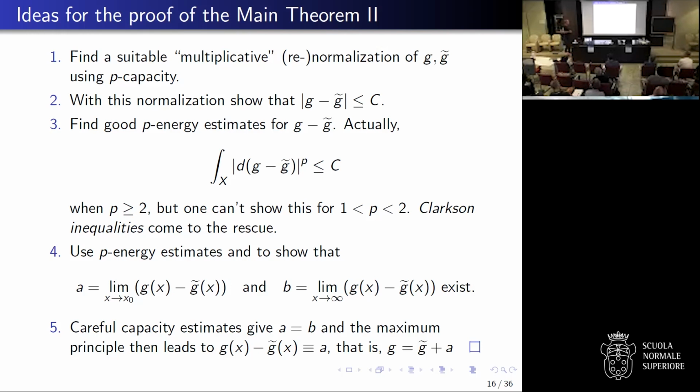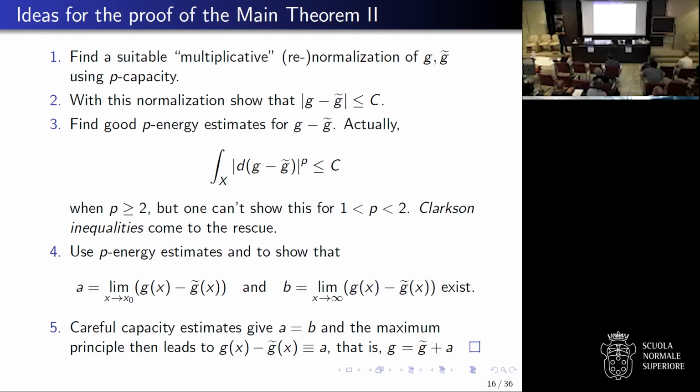So what are these steps 4 and 5? Well, these P energy estimates that I will prove are good enough to show that the oscillation of the function value difference of my two Green's functions has to die out if you go towards the pole, if you go towards infinity.